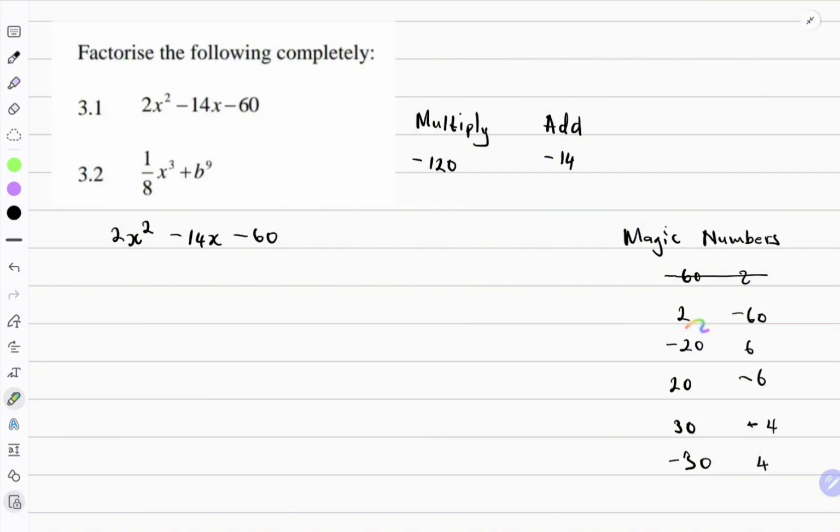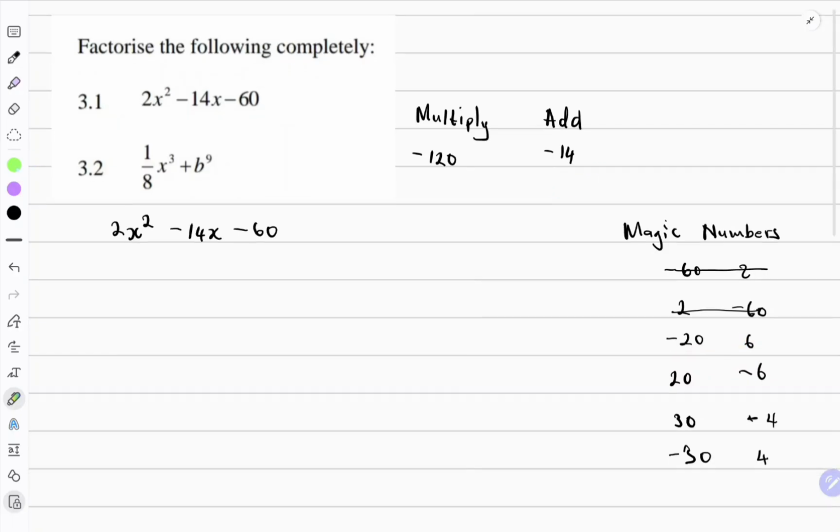Same here, 2 times negative 60 gives you negative 120, but it doesn't give you negative 14. So we cancel that pair. And then the third combination, negative 20 times 6 gives you negative 120, and when you add negative 20 to 6, you get negative 14. So it seems like these are your magic numbers. We can discard the rest of the numbers because we found our magic numbers.